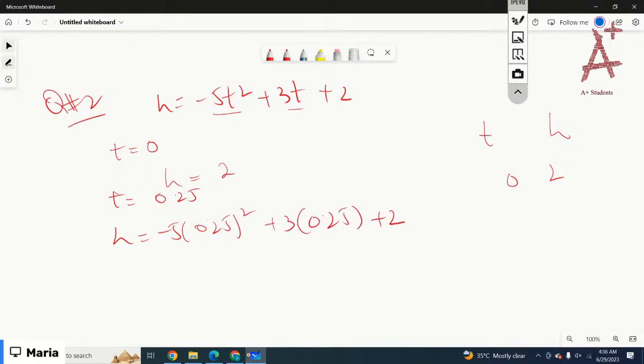When you solve it, it would be 2.4. So for 0.5 it is 2.25, for 0.75 it would be 1.4, and then for 1 it would be 0. That is the table of values you have to make.